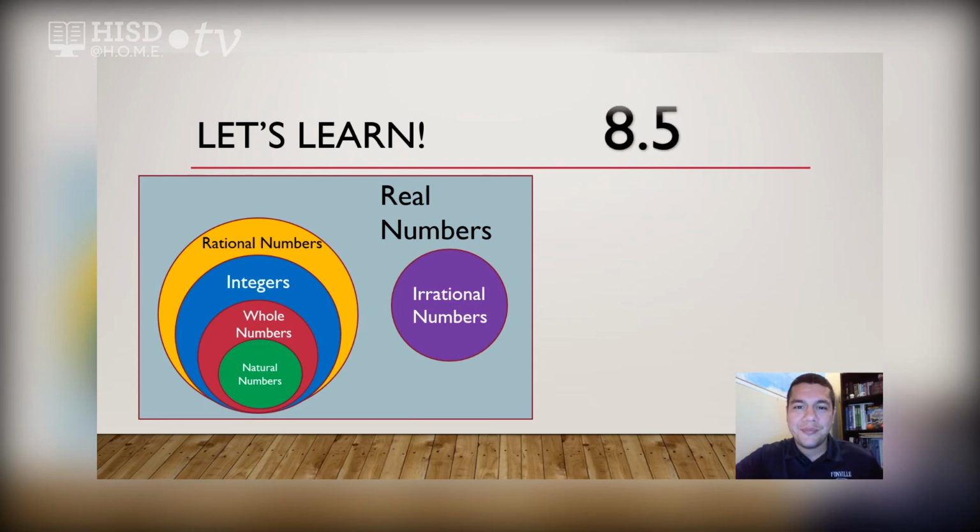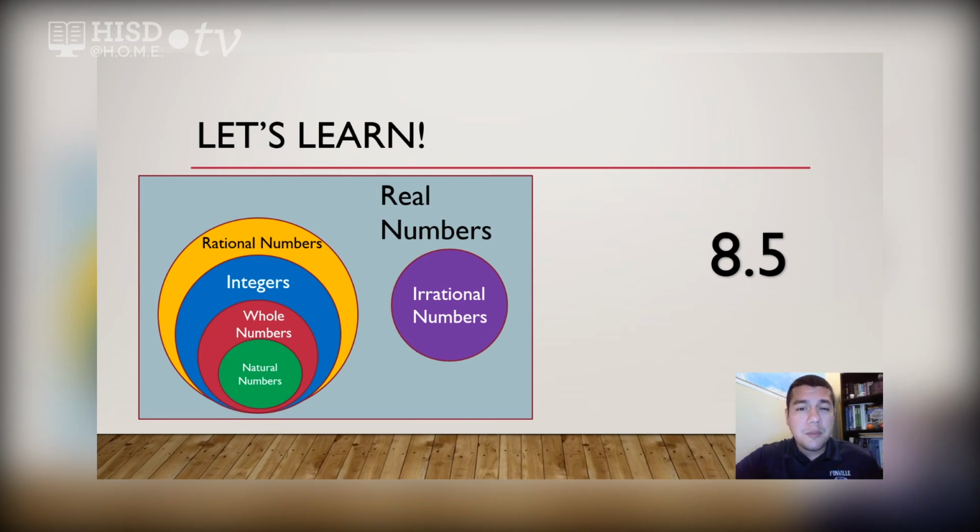Let's start. Our first number is 8.5. And we have to think of this number as a number that has a decimal. Since it has a decimal, that means that it's part of the rational numbers. Very good.